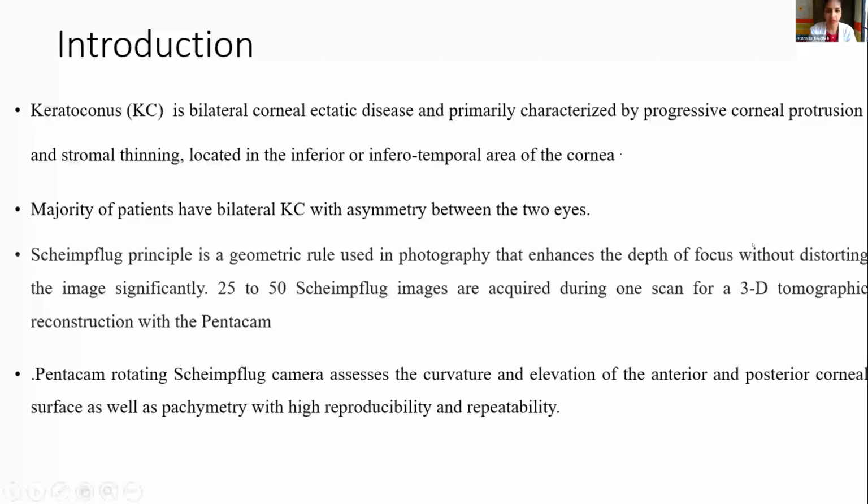About 25 to 50 Scheimpflug images are acquired during one scan for a 3D tomographic reconstruction of the Pentacam. The Pentacam rotating Scheimpflug camera assesses the curvature and elevation of the anterior and posterior corneal surface as well as pachymetry with high reproducibility and repeatability.